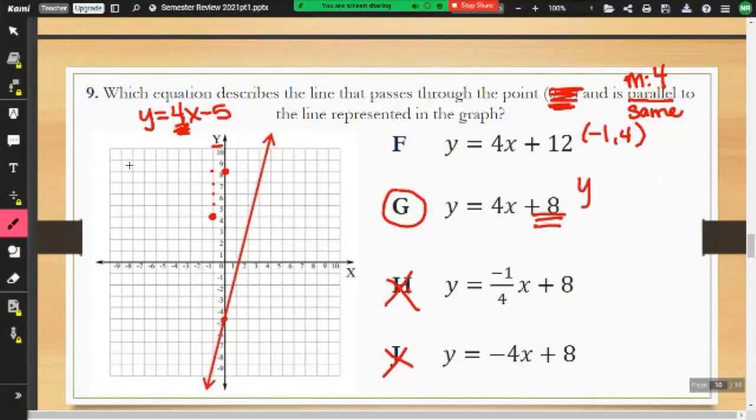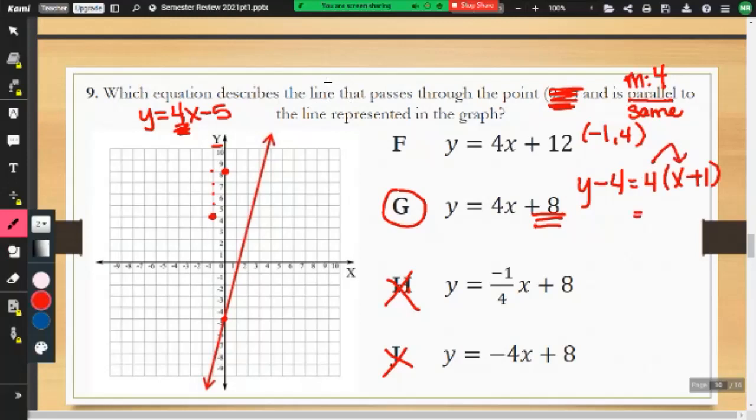The other way, if you're not given a graph, once again, point slope form, y minus 4 equals m, not m, equals 4 times x minus -1, which changes to a +1. So you multiply, 4 times x is 4x, 4 times 1 is 4. Last step is to solve.